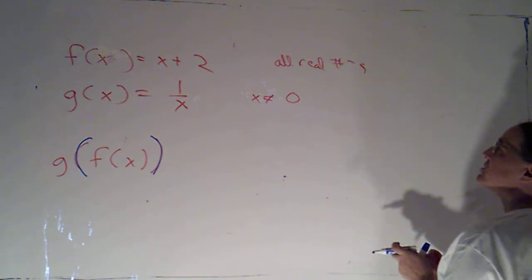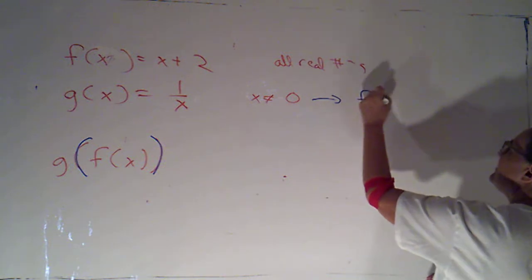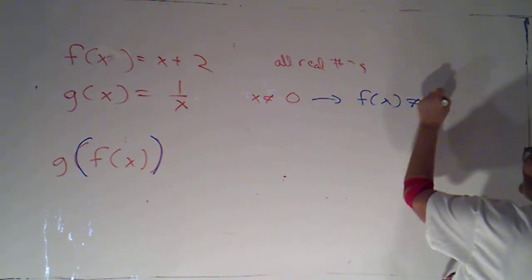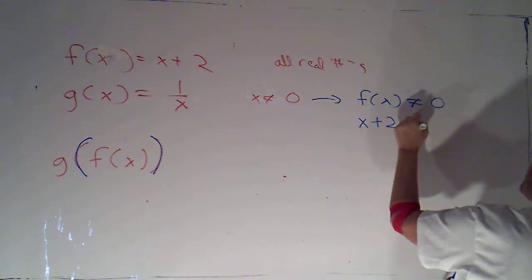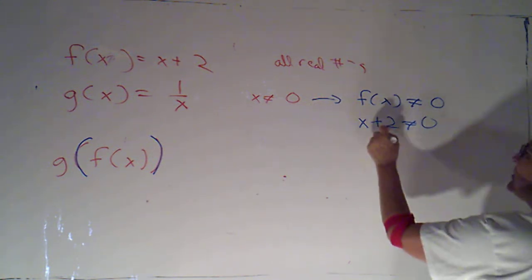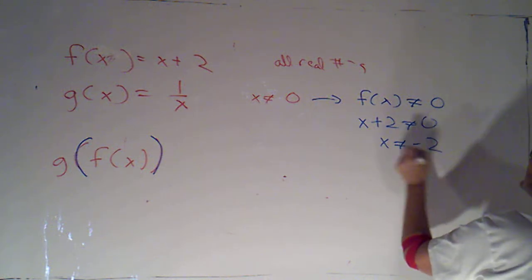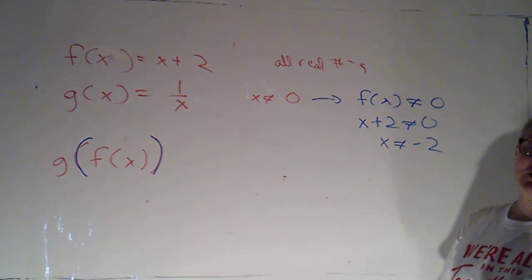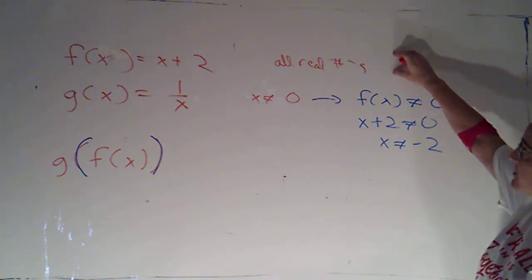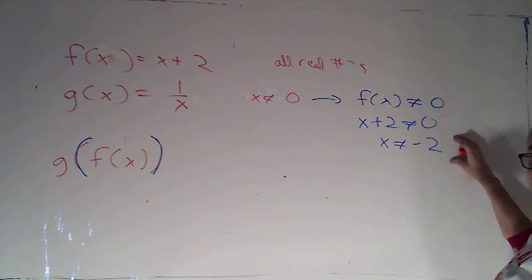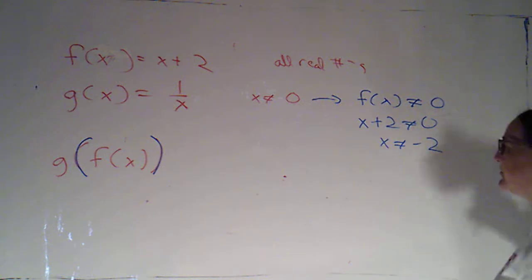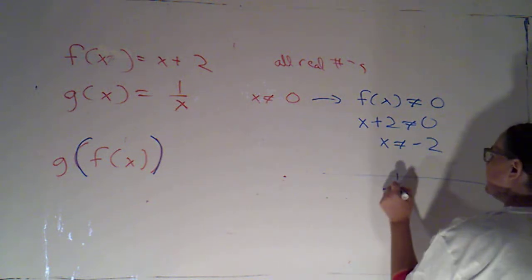So that restriction becomes f of x can't equal 0. Or x plus 2 can't equal 0, which means x can't equal negative 2. So no restrictions from the first step, but in order to be able to take the reciprocal in the second step, x can't equal negative 2.